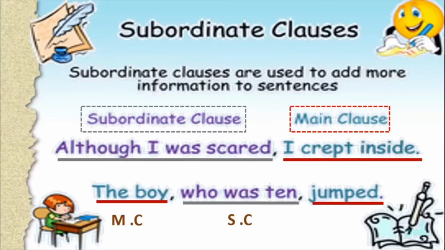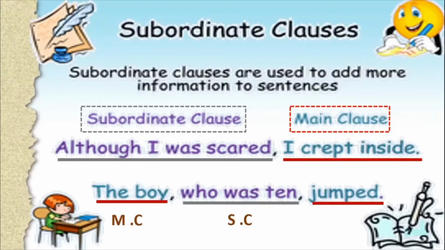Okay children, so I think that this one picture and these two examples are enough for you to understand the meaning of a subordinate clause. It contains both kinds of sentences, where the subordinate clause is in the beginning, and sometimes it is in the end also. I can also write, I crept inside although I was scared.